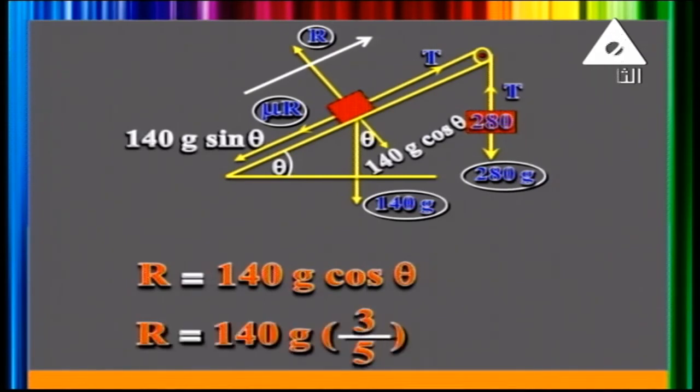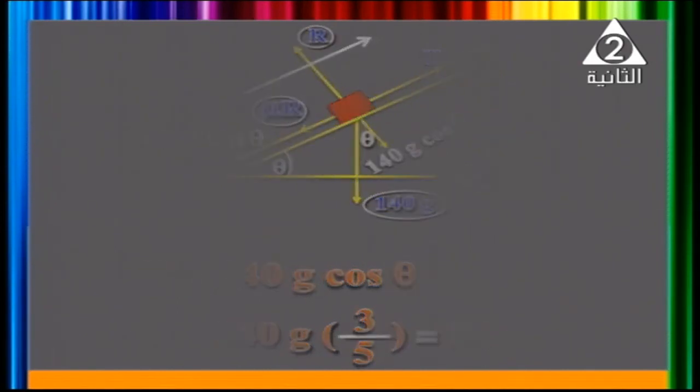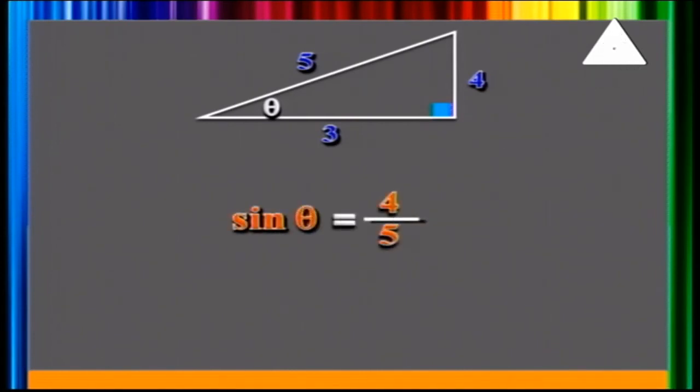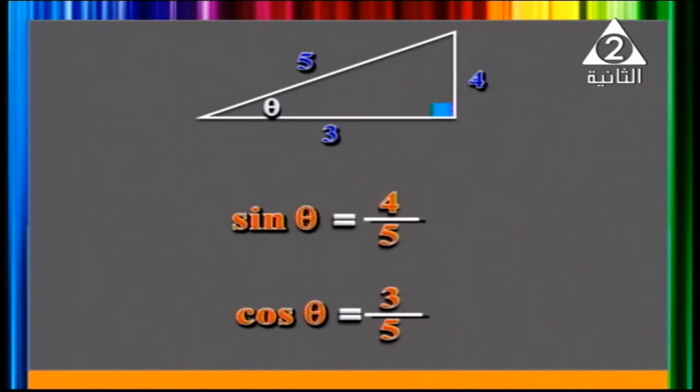Then by substitution about cosine theta equals 3 over 5, then R equals 84g. My dear student, we have sine theta equals 4 over 5, then by using Pythagoras theorem, cosine theta equals 3 over 5.